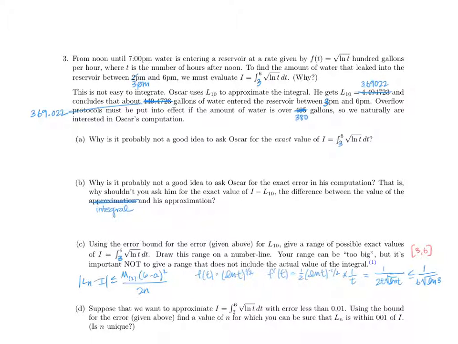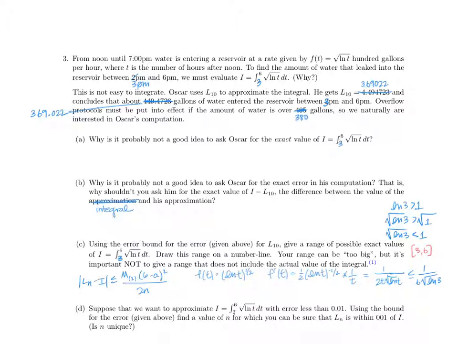Now, if we don't have a calculator, you might want to go even a step further and say, how can I get a better handle on how big this number is without having a natural log value in there? Okay, well, if we think about natural log of 3 separately, we know that natural log of 3 is a little bit greater than 1, which means that the square root of natural log of 3 is going to be greater than the square root of 1, which is 1.